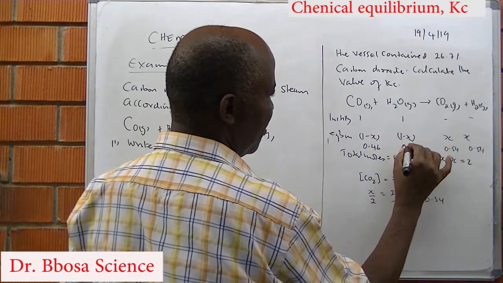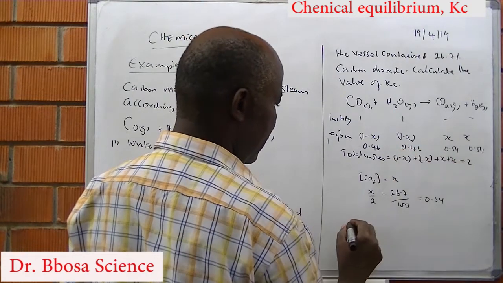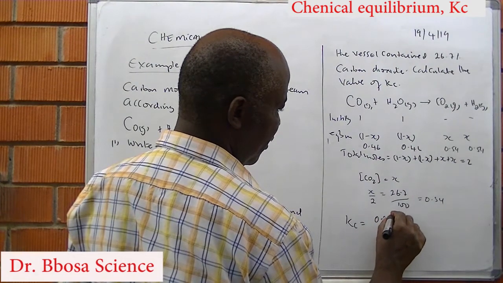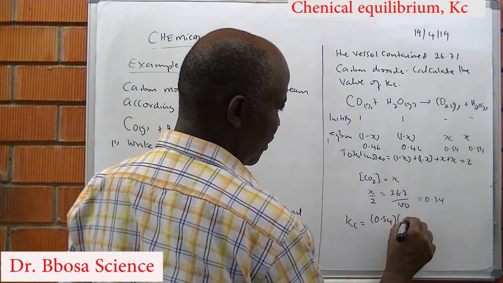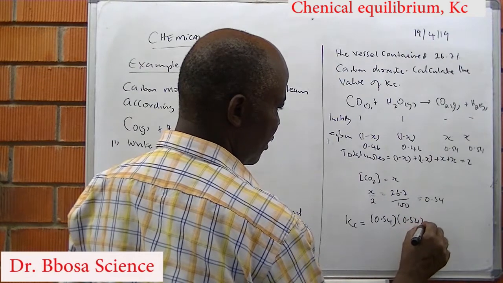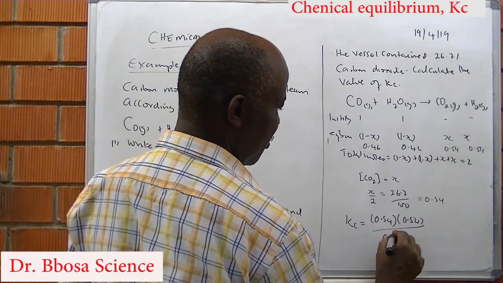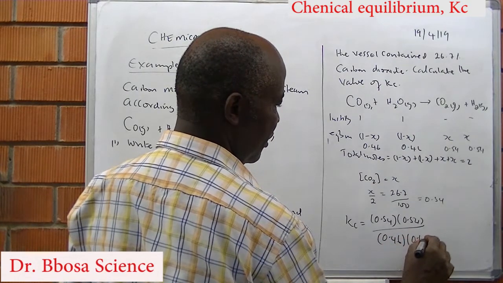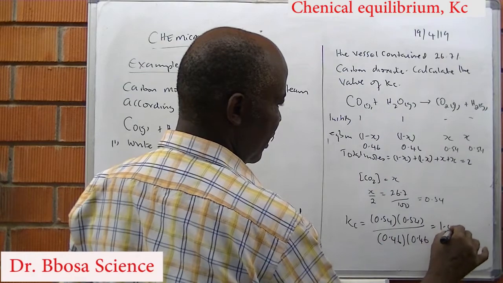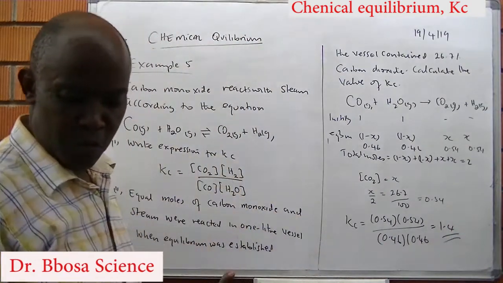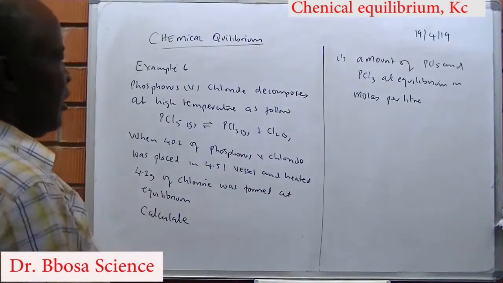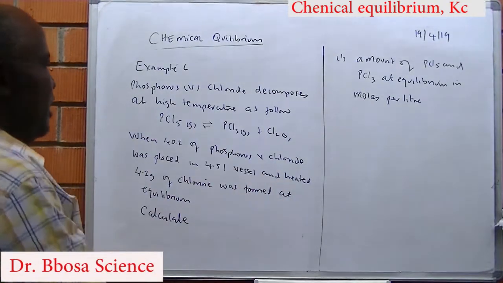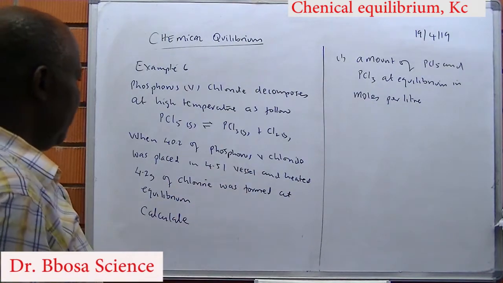Even this one becomes 0.46, and therefore our Kc will be equal to 0.54 times 0.54 over 0.46 times 0.46, which is equal to 1.4.